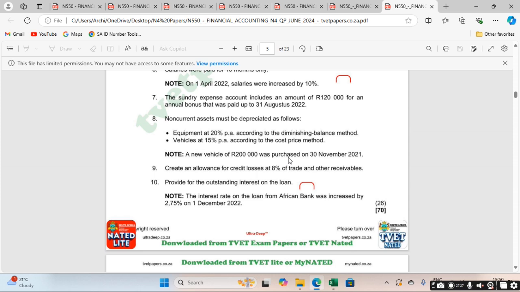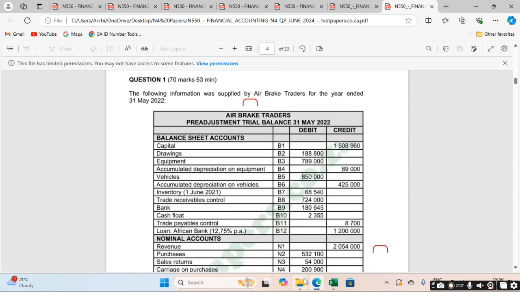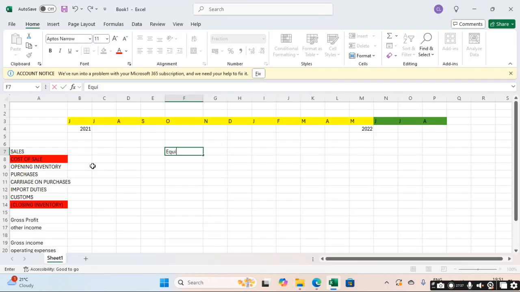Okay, so let's start with our equipment because this one is pretty straightforward. Equipment, diminishing balance method.